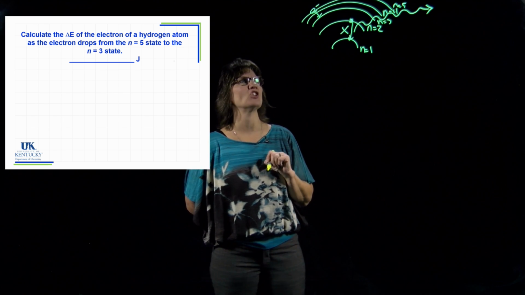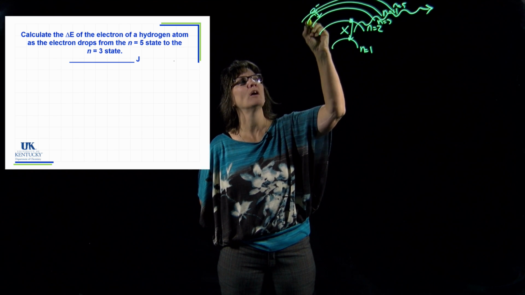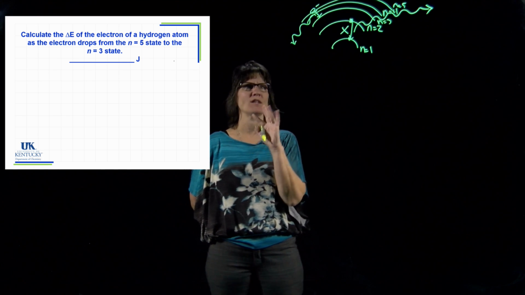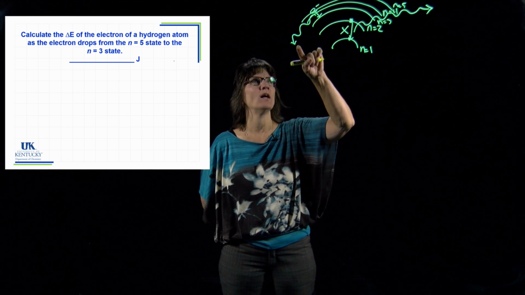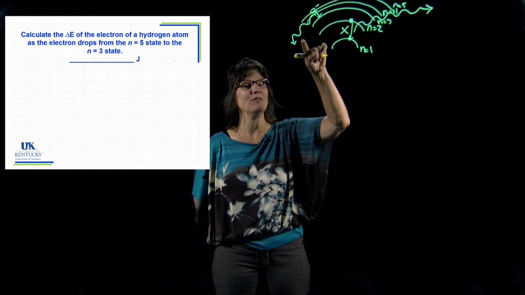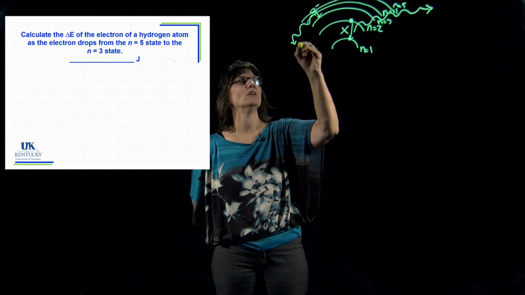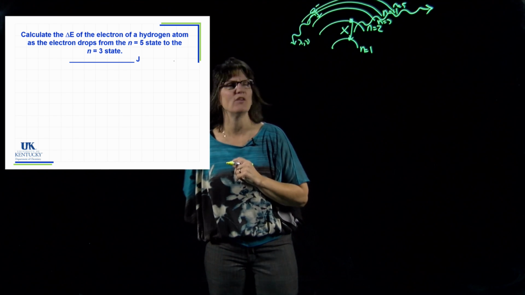So that's the transition. When it does that, it has to get rid of one photon of light, just one, and that's that interchange between the electrons and photons. It's a one-to-one relationship. It throws out the extra energy it didn't want in order to land here. What I want to know about this eventually, but not yet, is this photon's wavelength and frequency. Okay, I'm going to eventually do that.